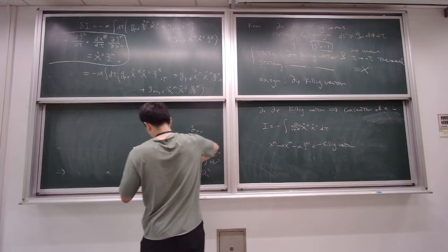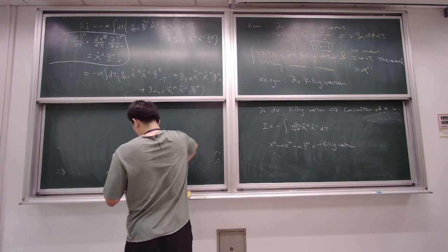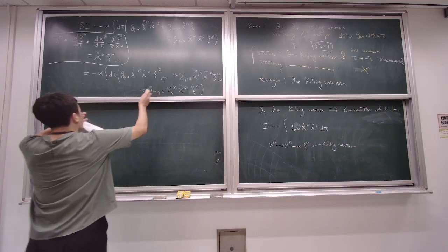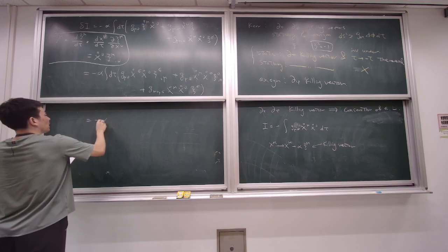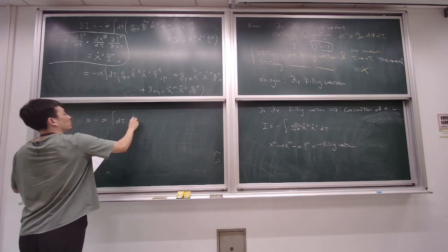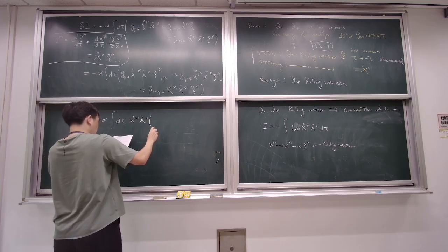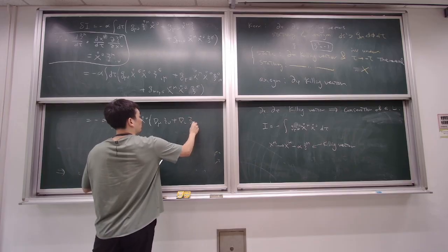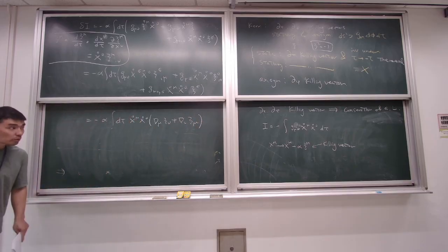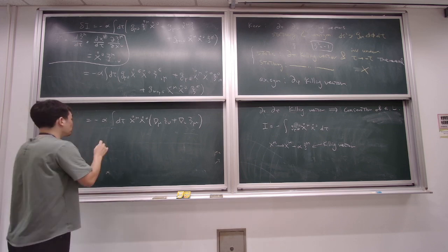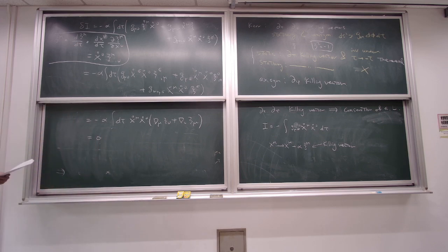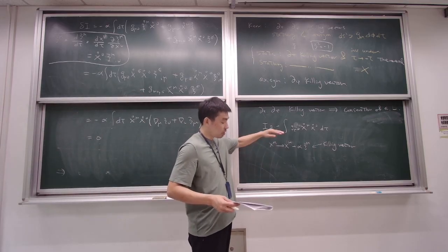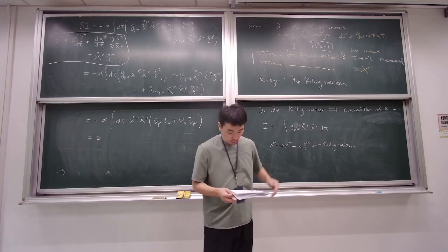If you manipulate this one and change the indices nicely, what you get is minus alpha d tau x dot mu x dot nu, times del mu xi nu plus del nu xi mu. Since we assume that xi is a Killing vector, this is equal to 0. Therefore, the action of this massive or massless particle is invariant under this variation with respect to the Killing vector.